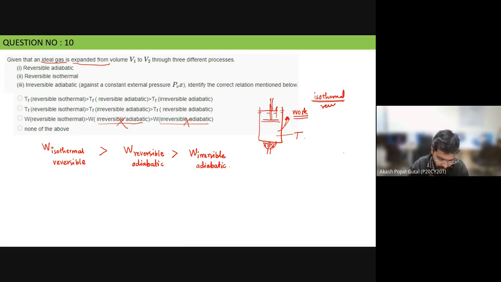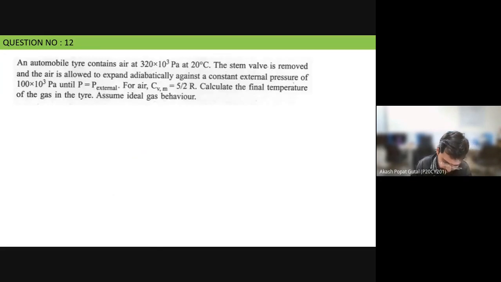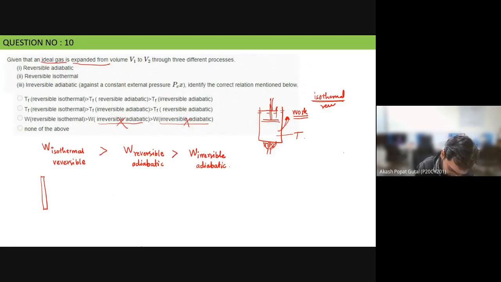to compensate for that work done by the system and to keep the temperature constant. So suppose this is the temperature T, suppose T initial, and this T remains constant for the isothermal. So T initial is equal to T final.